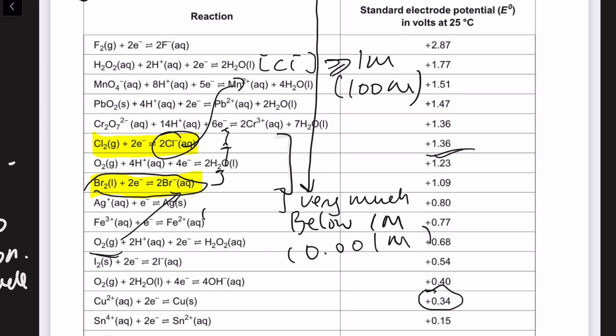And you would say, the concentration of chloride ion is much greater than 1 molar, much greater than the standard condition. So that's why we see the production of chlorine gas at the anode instead of the production of bromine liquid.